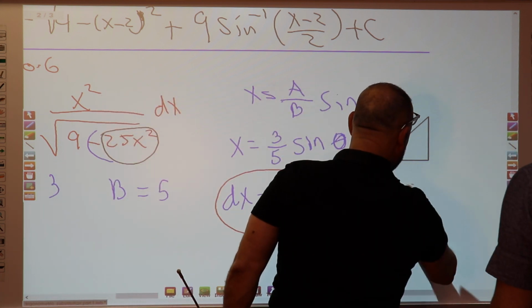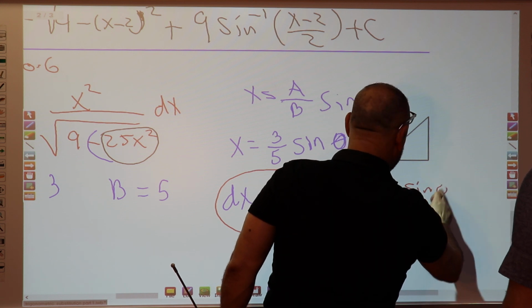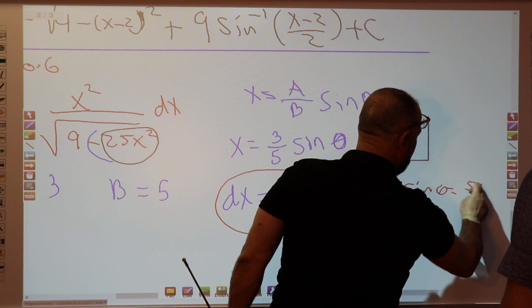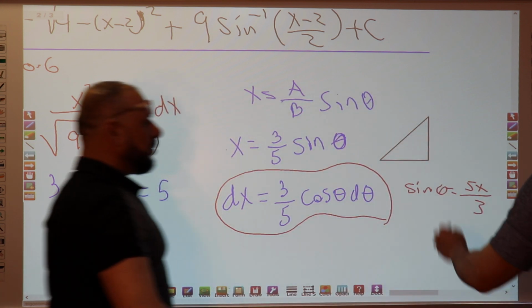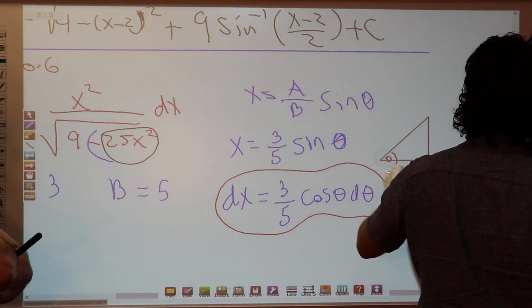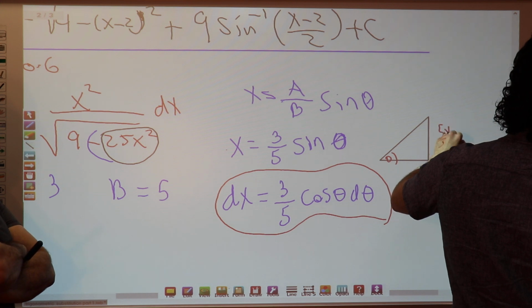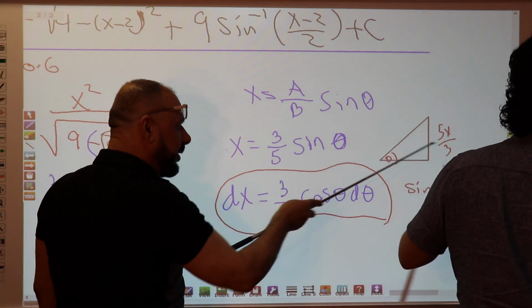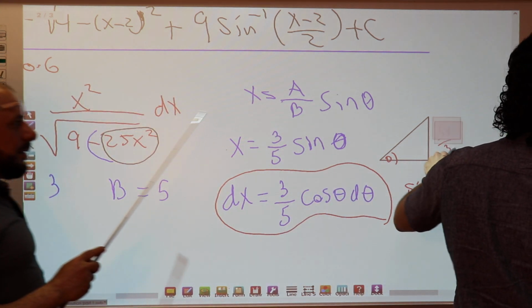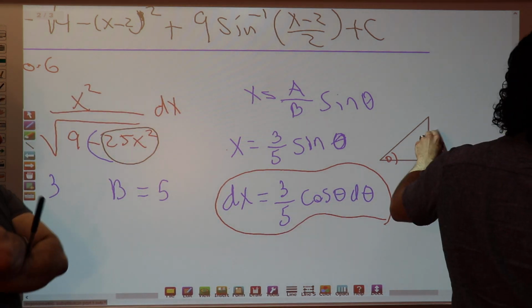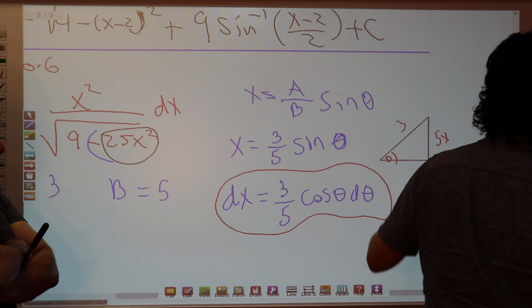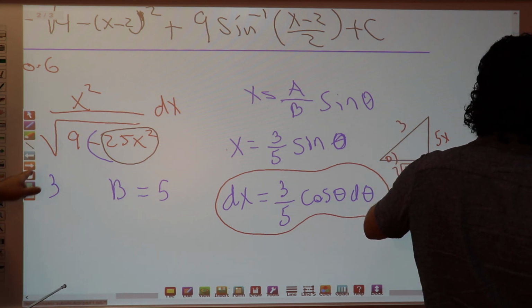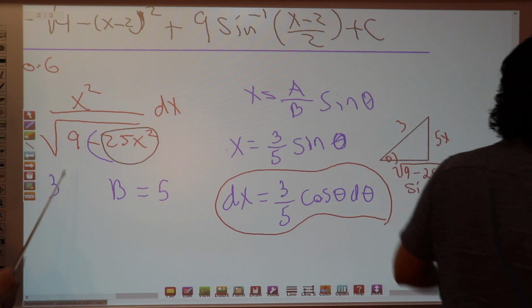Sine theta equals 5 times x over 3. 5x here and 3 here. In the bottom, what do we have? You see 9 minus 25x squared, the same one we have.